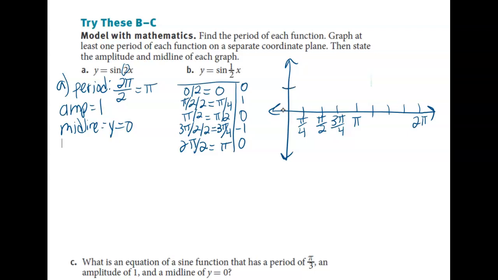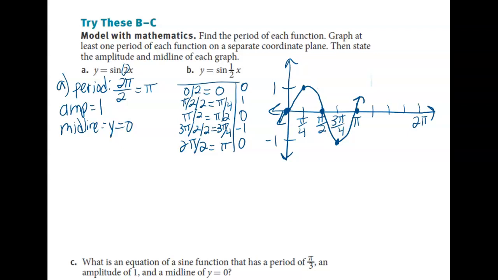Our amplitude isn't changed, so we're still going up 1, down 1. And I'm going to plot my points. I've got 0, 0, pi over 4, 1, pi over 2, 0, 3 pi over 4, negative 1, pi, 0. So that's our new function, sine of 2x.